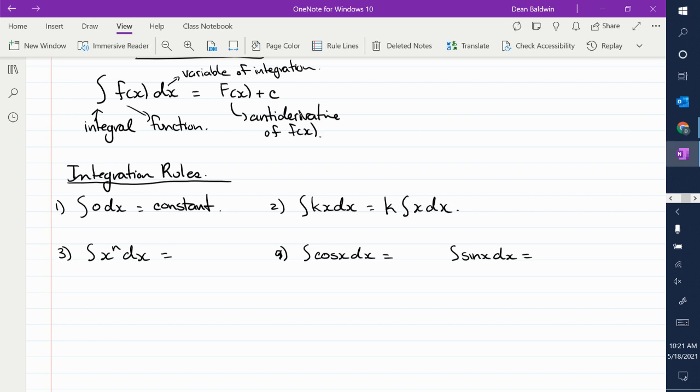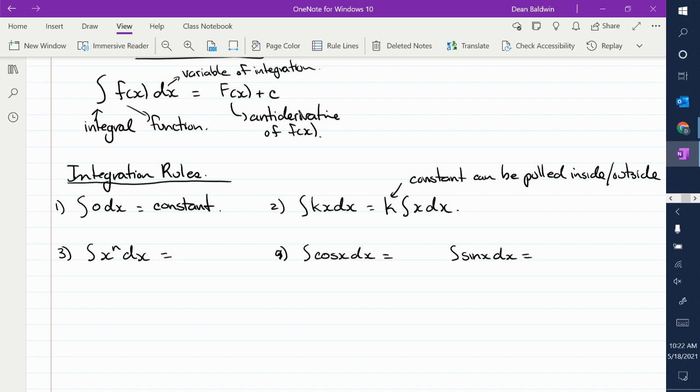So constants can be pulled inside and out. You cannot pull a function out. You can't pull like x squared out, okay? But you can pull constants in and out, depending on what you want to do.